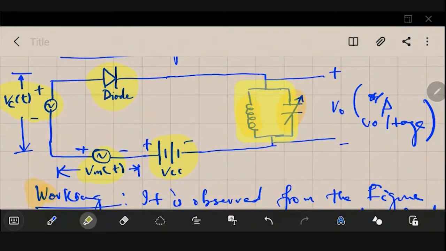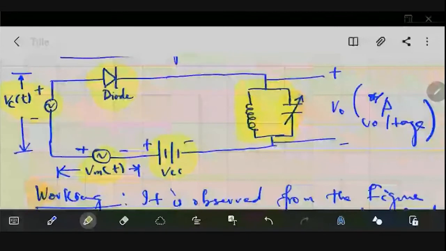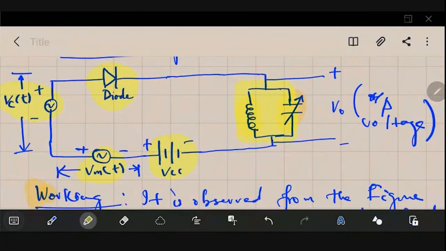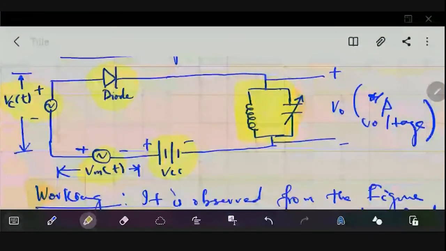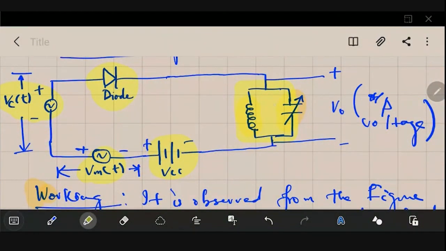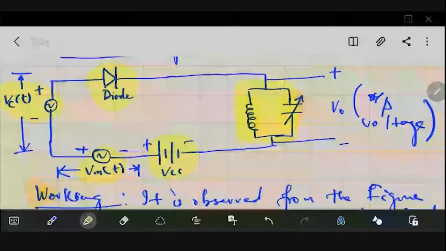Its job is to block the undesirable low frequency and high frequency signals. What we actually need is just the carrier frequency fc and the two sidebands, so we allow those particular frequencies.